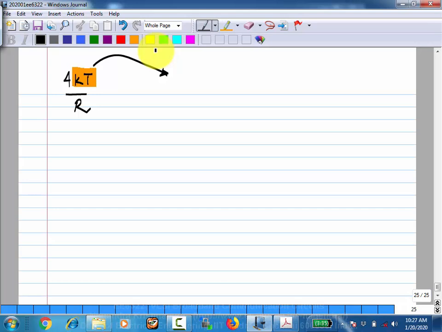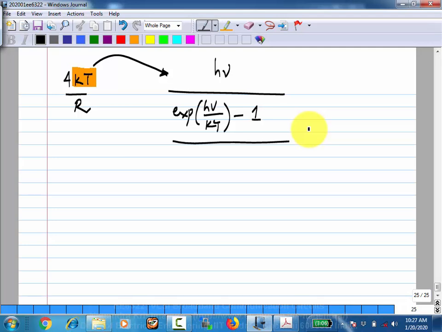This again you would have learned from some basic physics, and you may remember terms like the ultraviolet catastrophe and so on, from which you got the quantization of energy levels, all that stuff. But instead of this kT, what you have is this expression. You can go and read up about this.